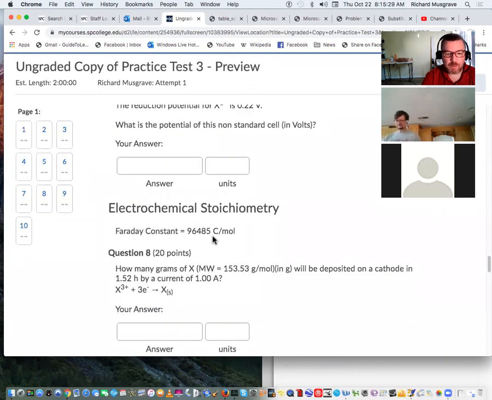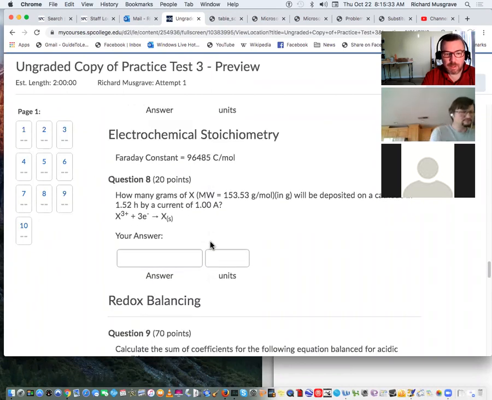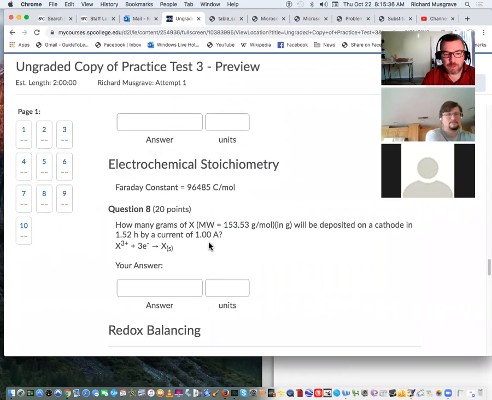So what I do give you is the Faraday constant here. And it looks as though, yes, you'd have to know about the relationship between amps and coulombs per second in order to get this right.